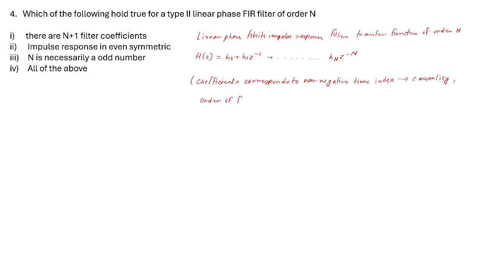The order of the filter is n, and the number of coefficients, you can also say number of taps of the filter, the number of elements in the impulse response, is given as n plus 1.